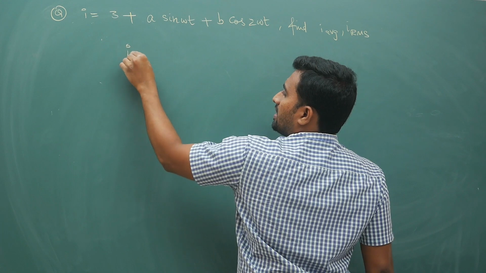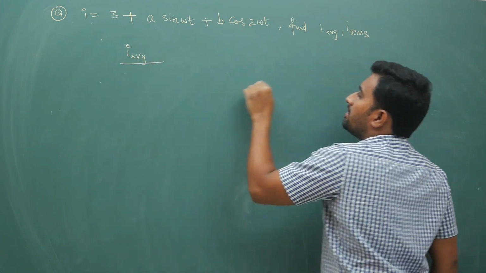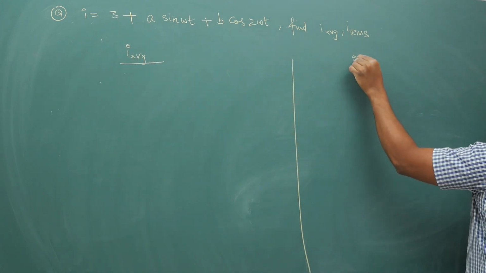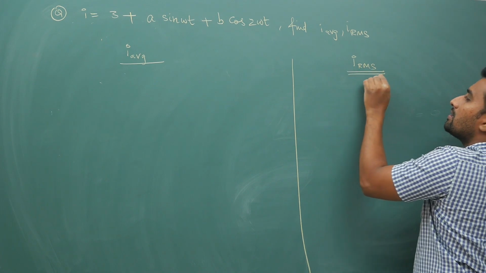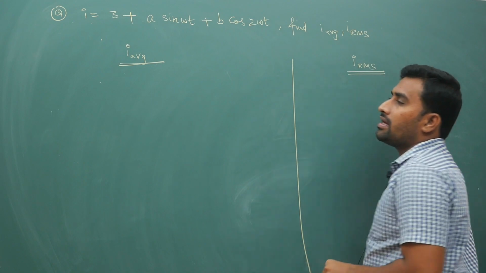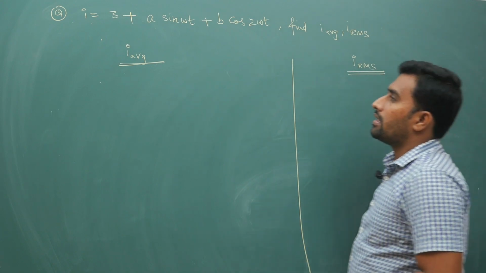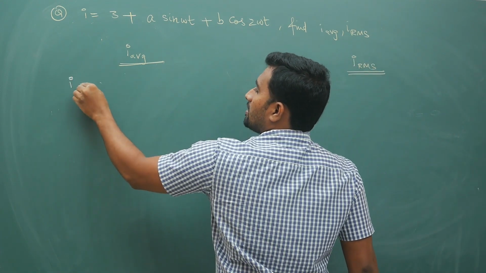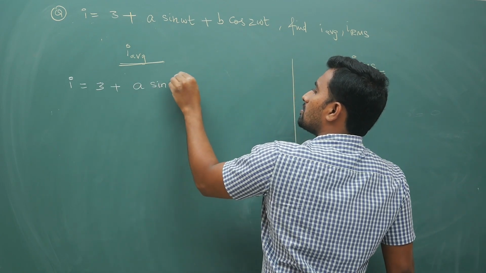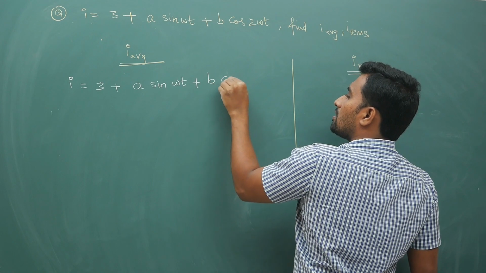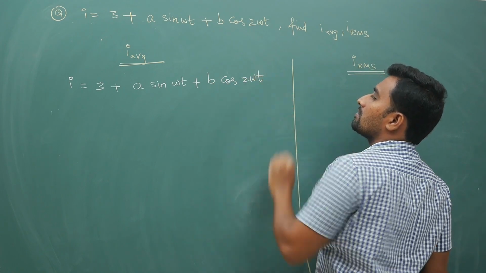Now first I will take I average this side, IRMS this side. So I average and IRMS. Your I is 3 plus a sin omega t plus b cos 2 omega t.